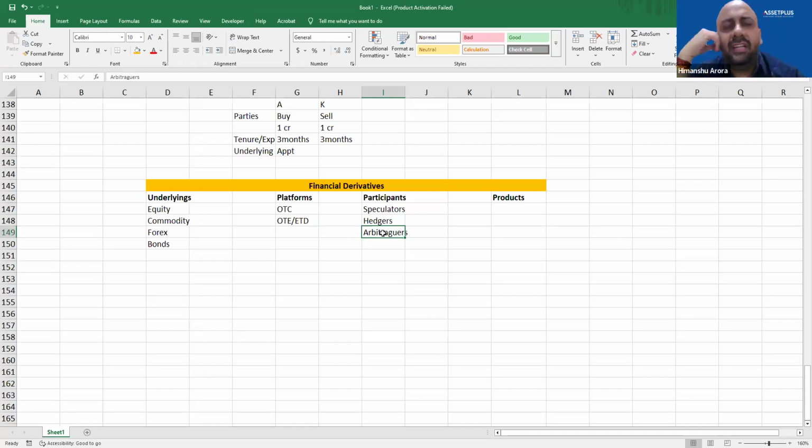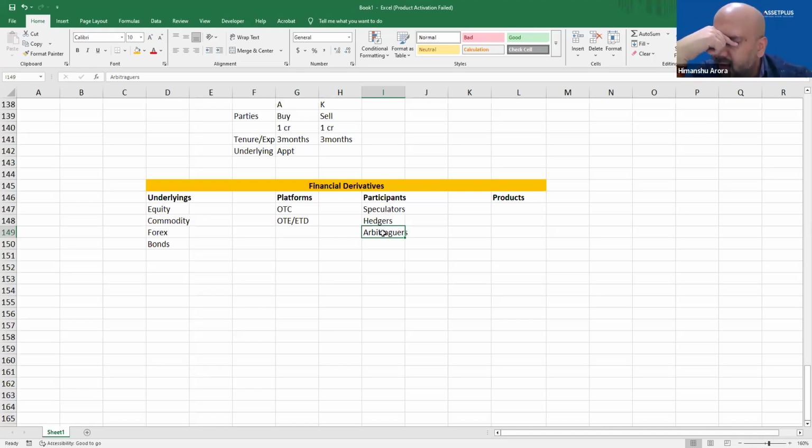For example, TCS is worried about the prices of the dollar going down, depreciating. Sorry, dollar prices depreciating, rupee appreciating. Because they are supposed to receive $1 million. Currently, the dollar can be sold at 85. But what if in the future it can be sold at only 83? I'm in loss. Right, Rajesh ji?